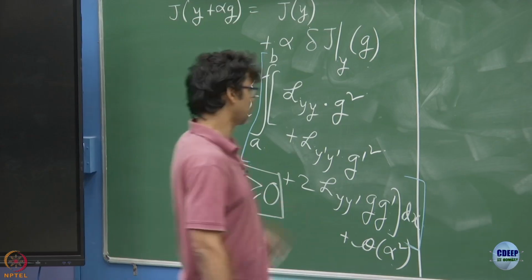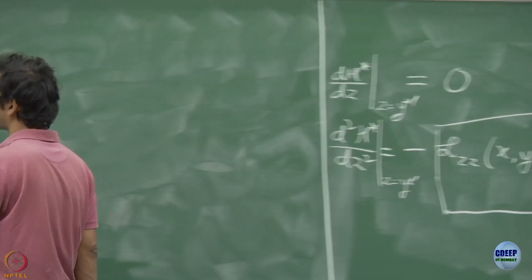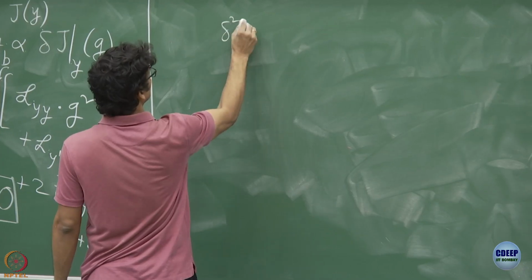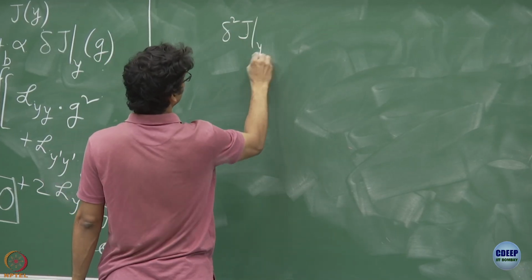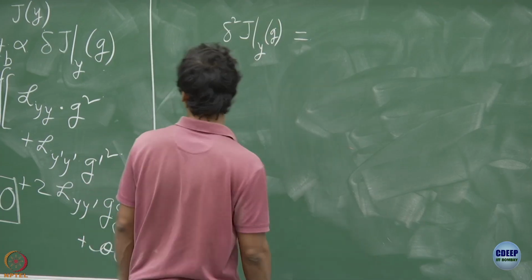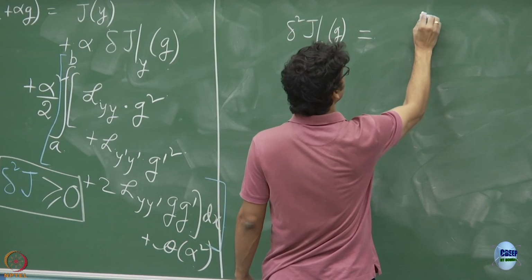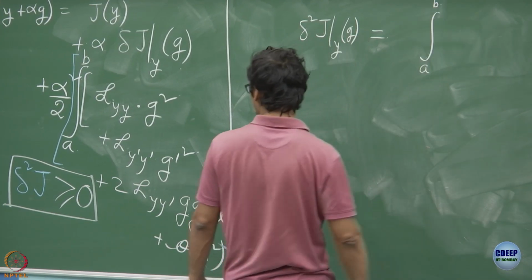Now let's look at this term after all that manipulation that I've done in red and see what it looks like. So this fellow, of course, evaluated at y along the direction of g, is now going to be integration a to b.